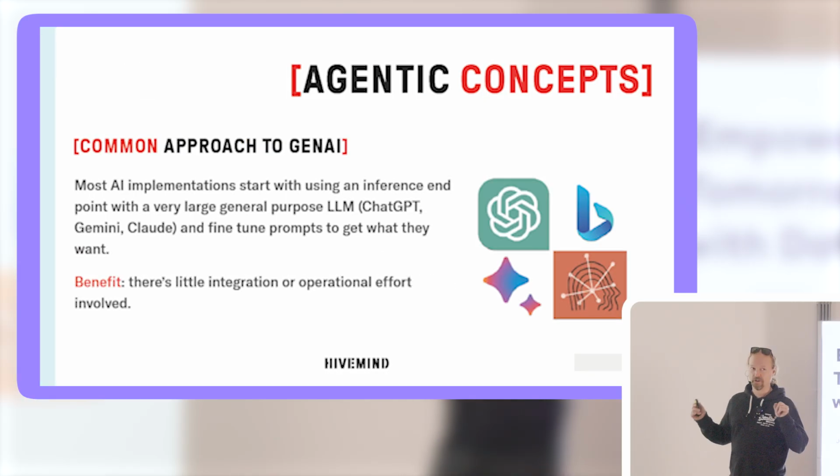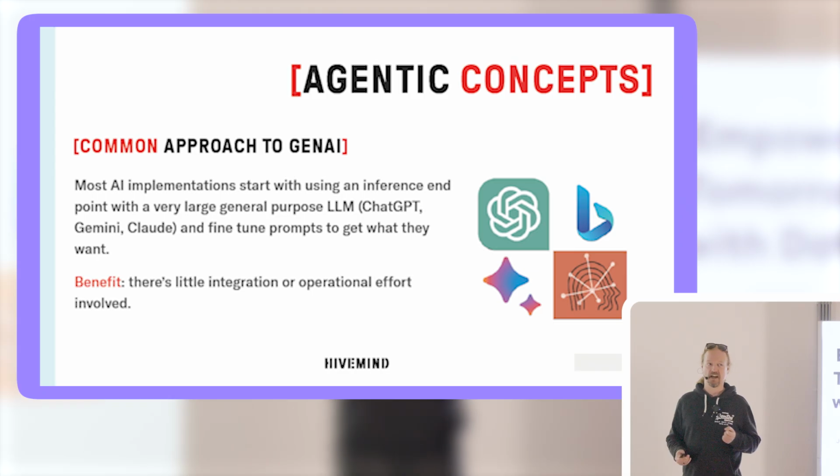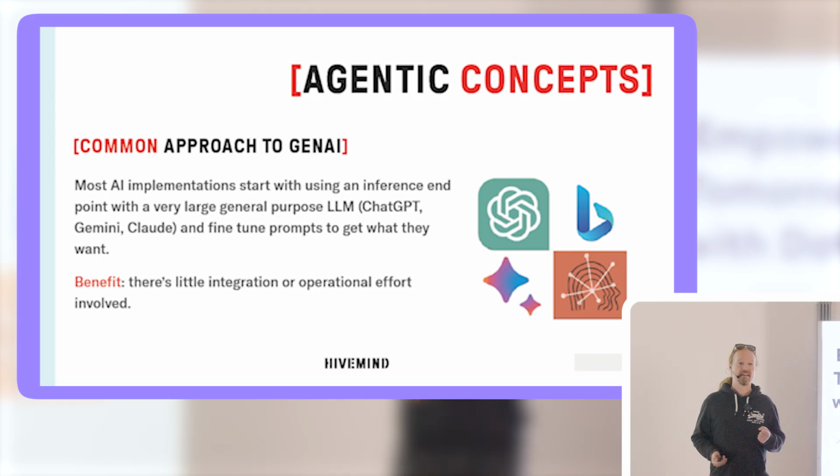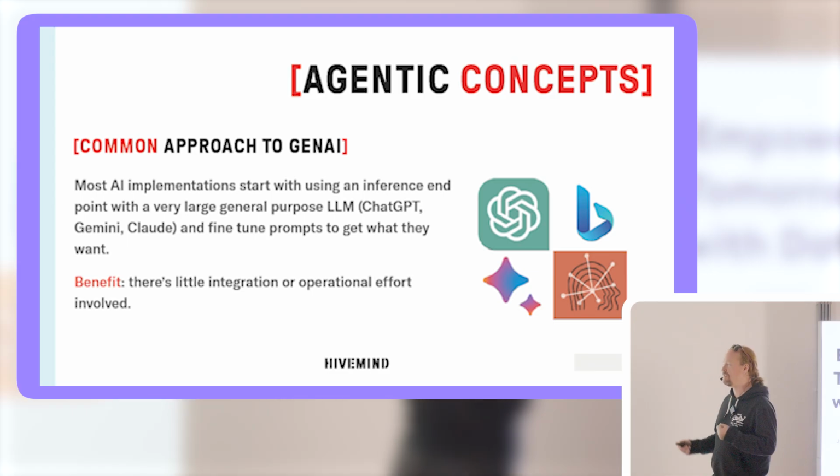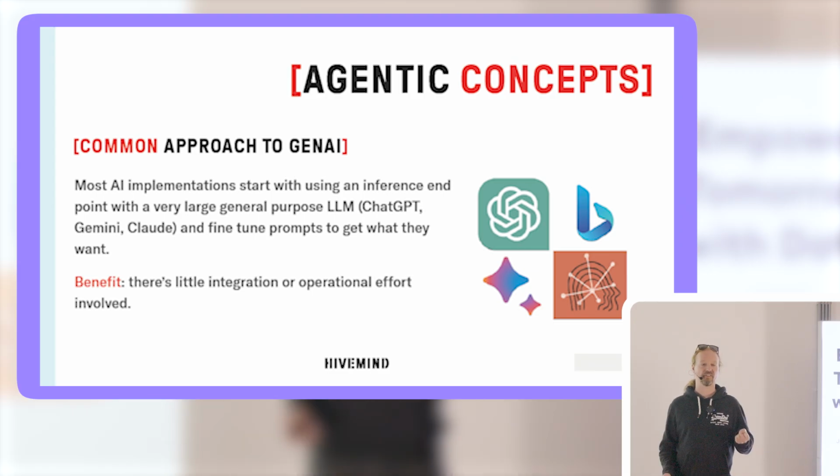So now we're looking at LLMs. What is the common approach nowadays to GenAI? Okay, I need to somehow use GenAI in my application. The simplest thing is to create a thin wrapper around a general purpose large language model.